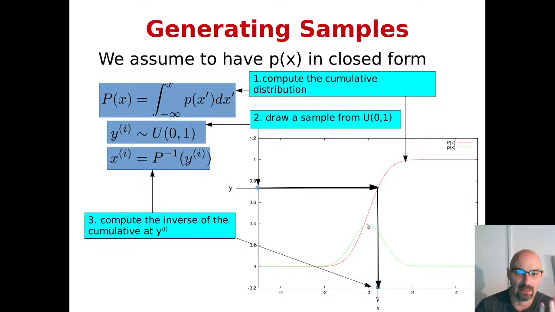Now, to get a feeling on how it works, you can imagine that the higher the probability density is at a point, the more steep will be the cumulative distribution.